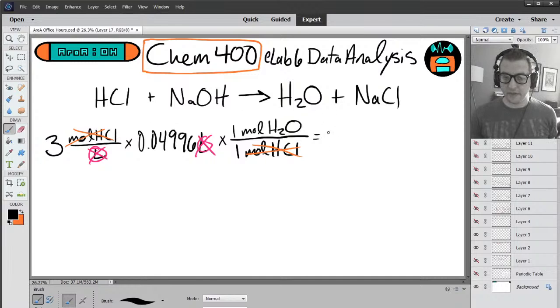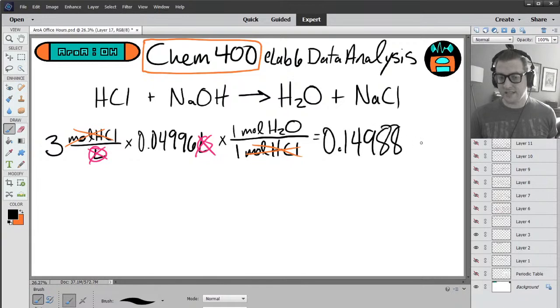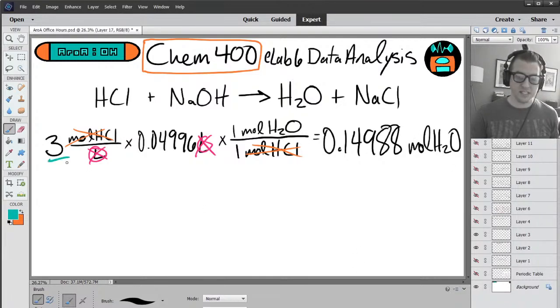So if HCl is our limiting reactant, we would produce 0.14988 moles of water. And sig figs wise, this is 1 sig fig, so our answer would only be able to have 1 sig fig. Let's repeat this calculation for sodium hydroxide, and that will show us which is our limiting reactant.